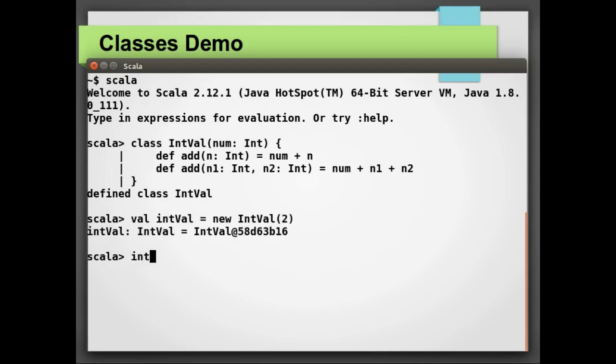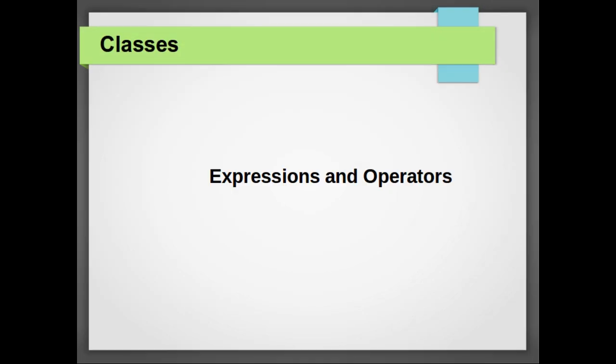So when we call the add method on an instance of IntVal with a single argument, it will call our first method. Whereas if we try to call the add method with two ints, then the second method will be called. Nothing new here. It works the same as in any other programming language.